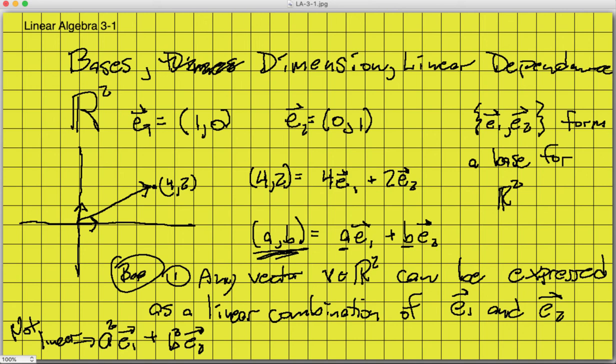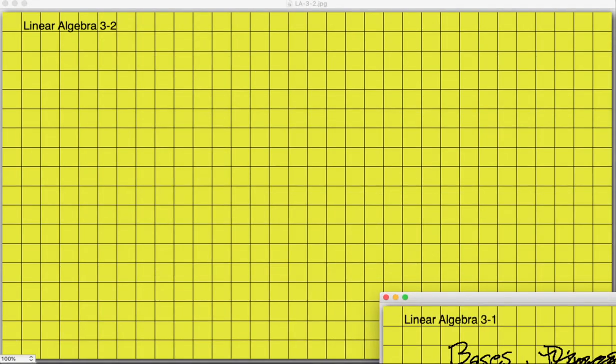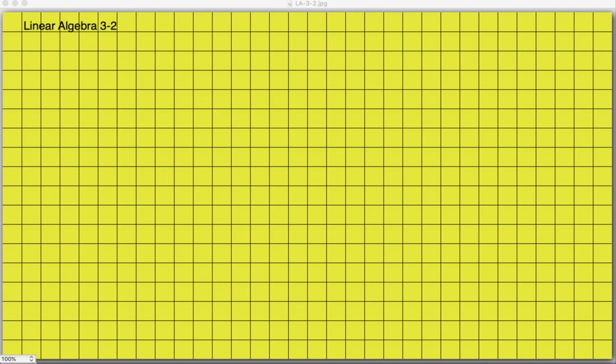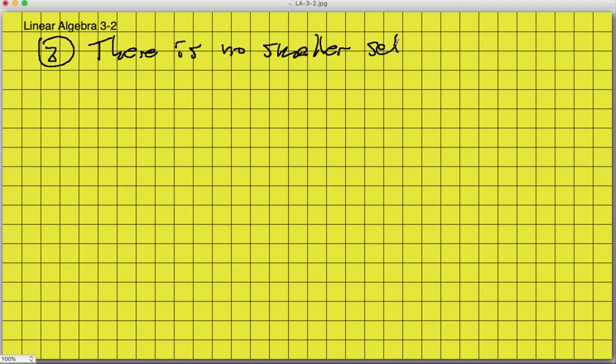And it is saved. So that's number one. Number two, there is no smaller set that can express any vector as a linear combination.